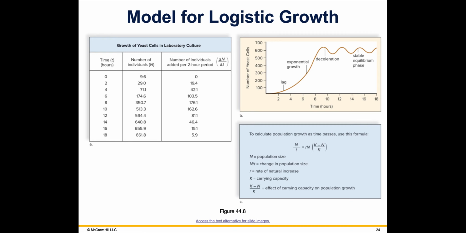So if you see that capital letter K, we're talking about that maximum number of individuals an ecosystem can support with its resources. That's our carrying capacity. And that's when we reach this equilibrium phase where we're really bobbing at that max birth, max death rate.